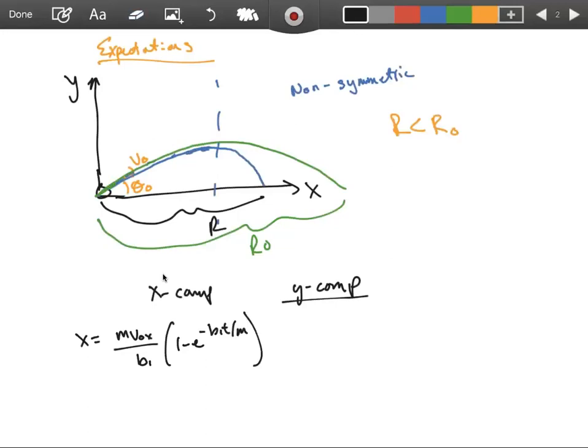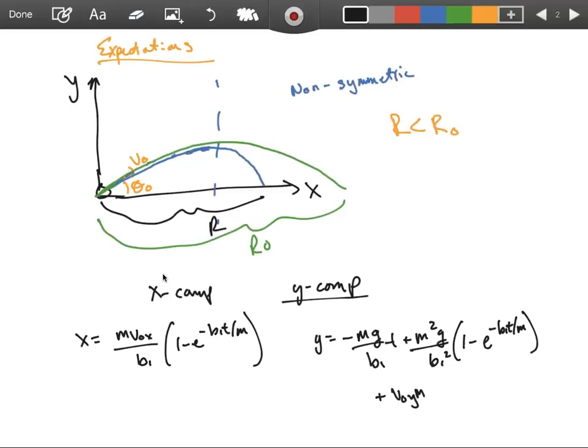And then in the y direction, we have that y is equal to minus m g over b1 times t, plus m squared g over b1 squared times 1 minus e to the minus b1 t divided by m. It looks like I'm running out of room over here, plus v initial y m divided by b1 times 1 minus e to the minus b1 t over m. So these are my two different directions, just lifting them off of what we had previously done.